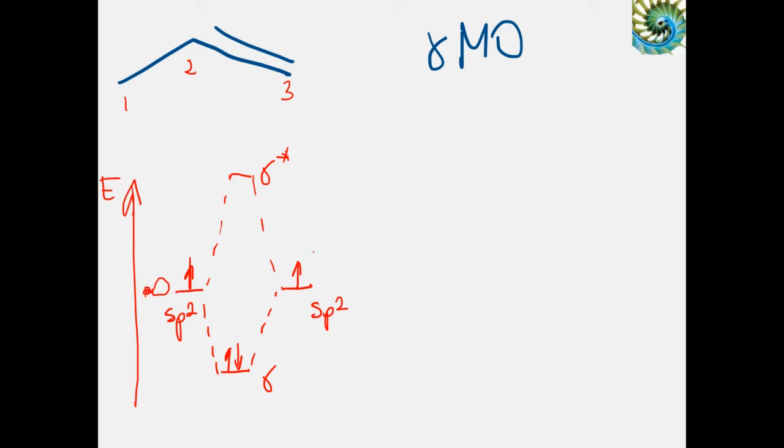We have the one sp2 orbital, and then we have another sp2 orbital. And when they combine together, they form the sigma bonding orbital that I usually draw like this. And then, of course, the anti-bonding scenario will be very similar to what we drew before, but just change the signs of the orbitals.